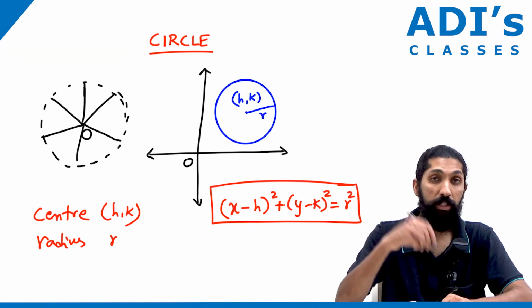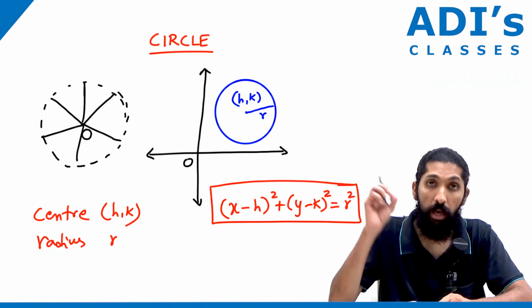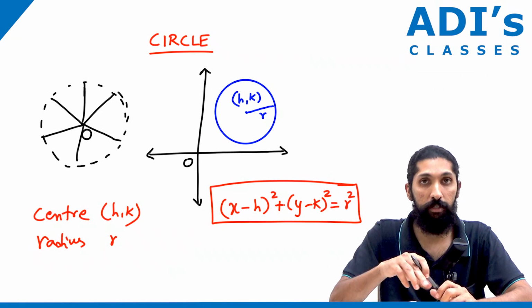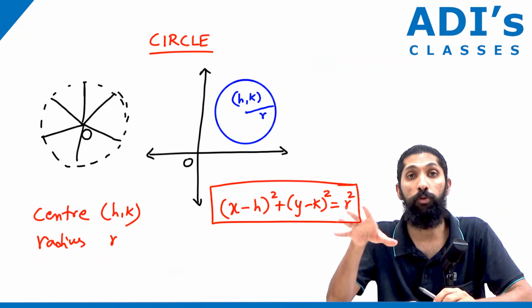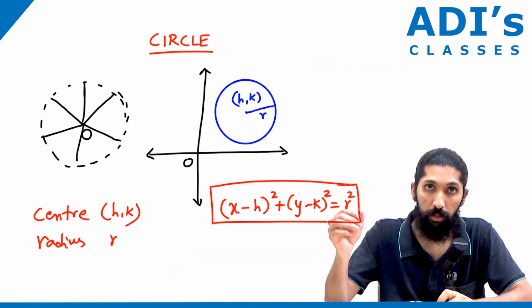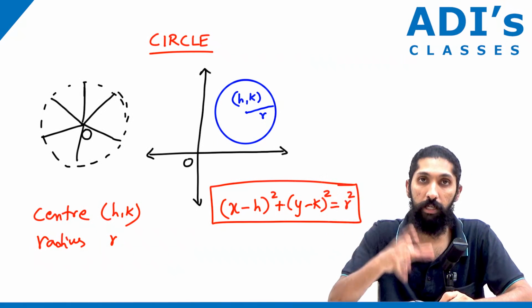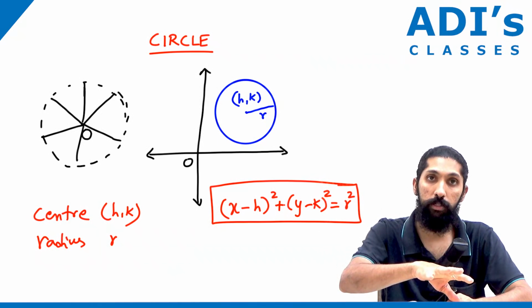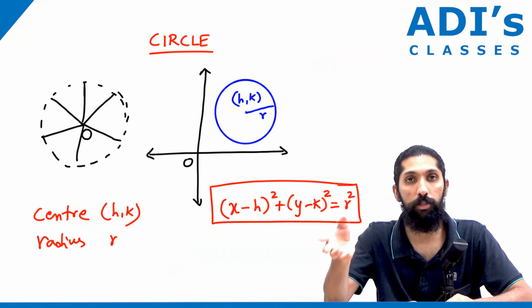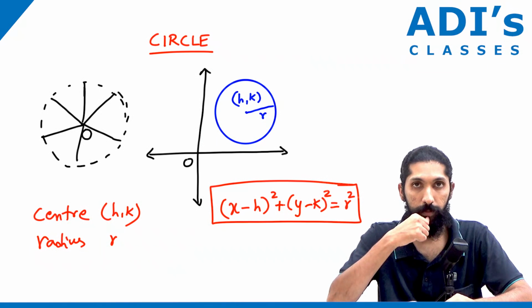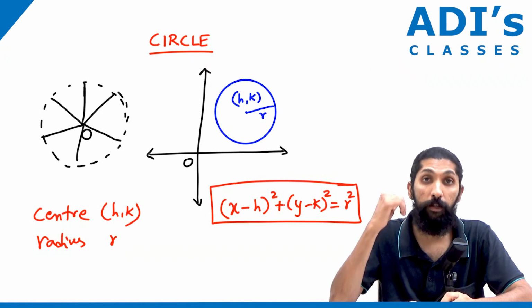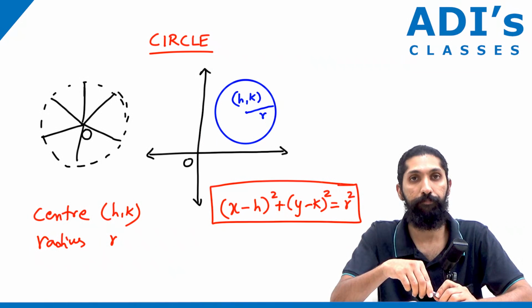Fair enough? h comma k is the center and r is the radius. Once you know the center and the radius, you can easily calculate the equation of the circle, or vice versa. That means if you know the equation, you can calculate the radius and the center, or the other way around.